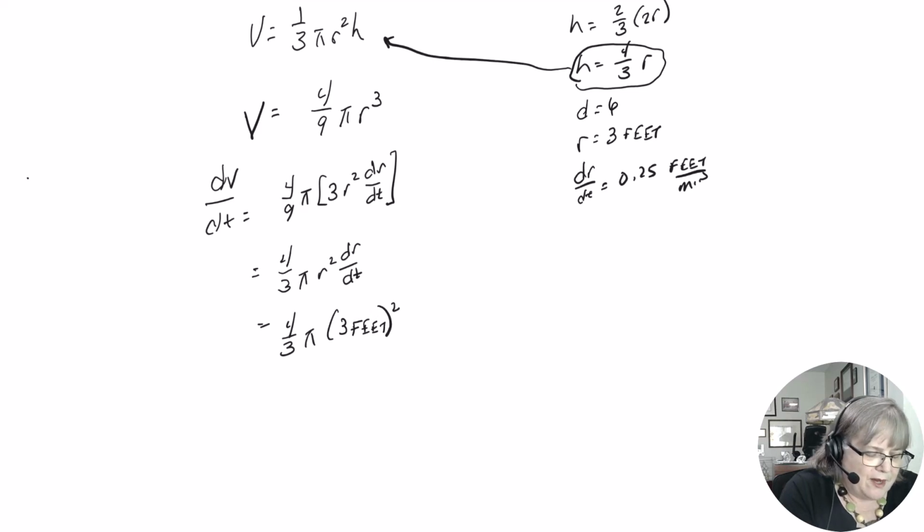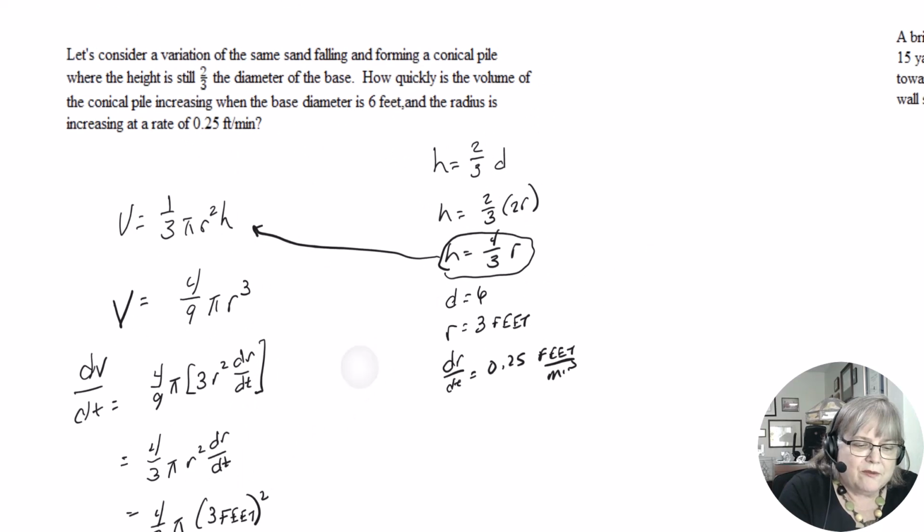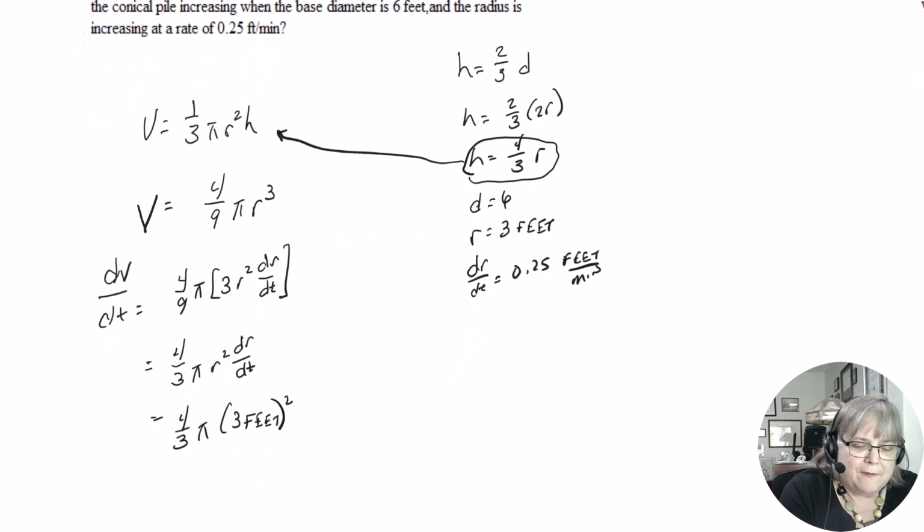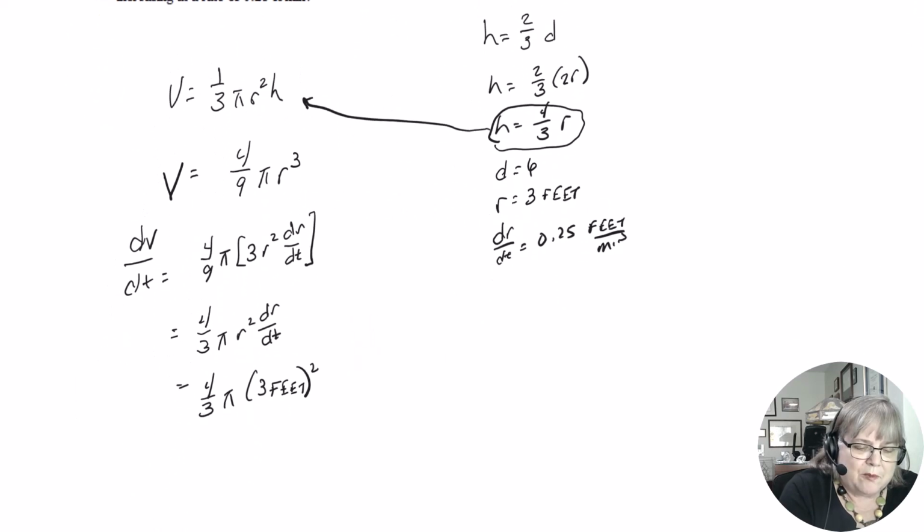And in this case, they're asking you to solve for dv dt because it says how quickly is the volume increasing. So dr dt is 0.25 feet per minute. And this would be dv dt.